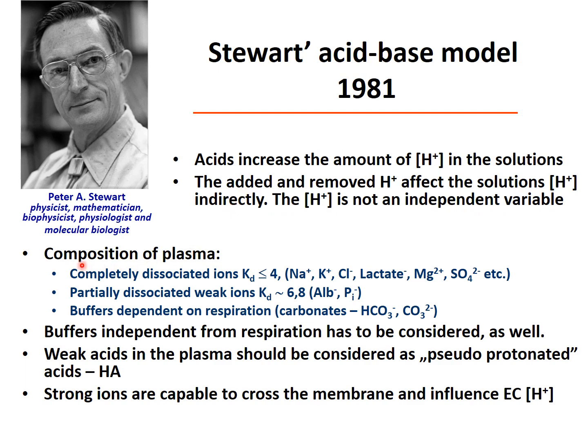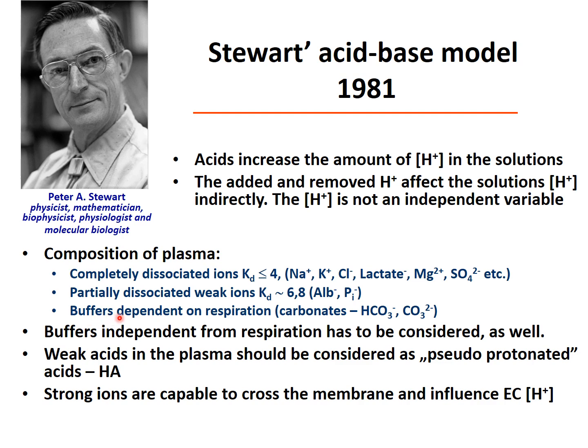Now, what do we have in plasma? We have strong ions that are completely dissociated at the pH we have, such as sodium, potassium, chloride, lactate, magnesium, and sulfate. Then we have weaker dissociating ions, when the Kd value is close to 6.8, such as albumin or phosphate.